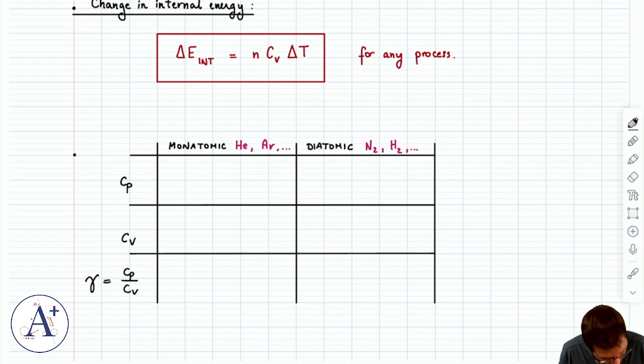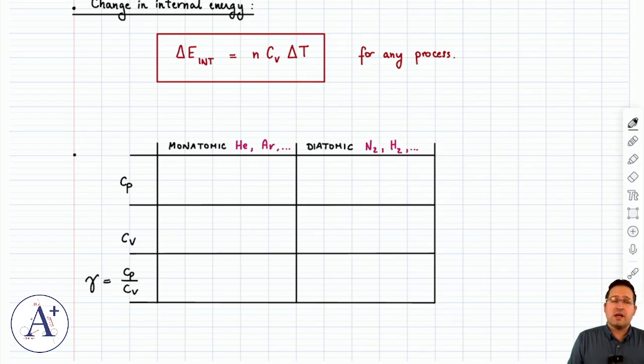That's it. It's just a ratio. And we're going to fill this out. And this is an important table because typically problems tend to tell you whether you're dealing with a diatomic or a monatomic gas. And in so doing, they're giving you this information. In other words, it is fine to say, oh, well, if you tell me it's monatomic, I know Cp, Cv, and gamma. It's expected that you would know them.